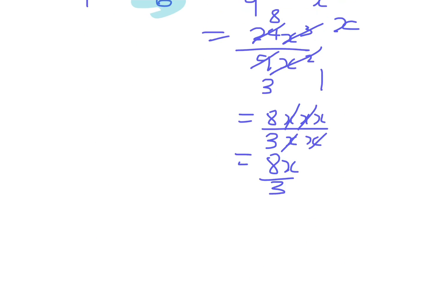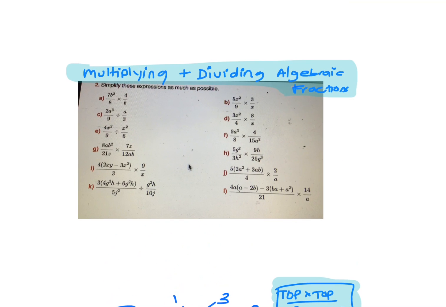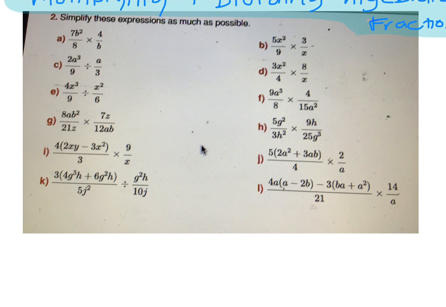Now, just going to look at some of these other questions that we have up the top here. So basically you can cancel anything on the top with the bottom. So 4 goes into 4 once, into 8 twice. 7b squared over 2b. The b's will cancel, so that's 7b over 2. All right.